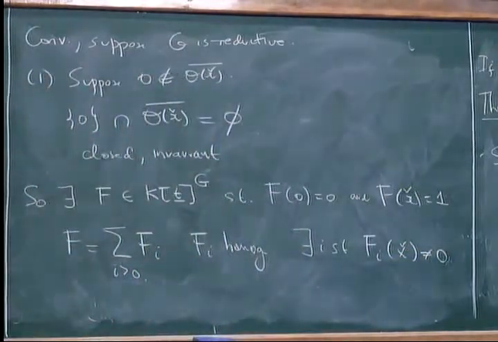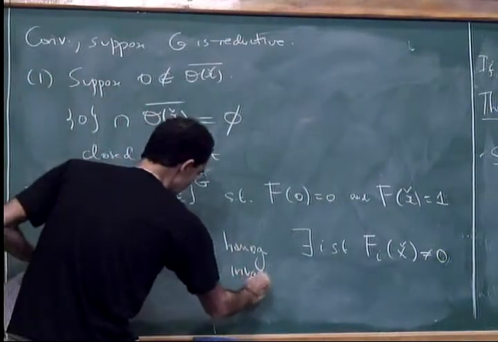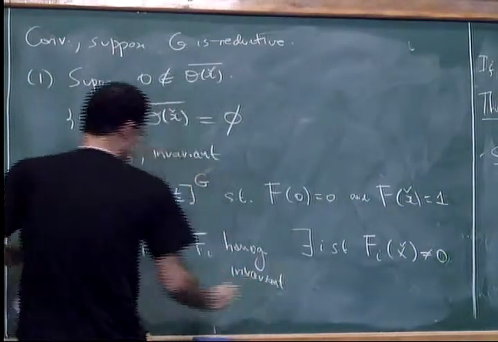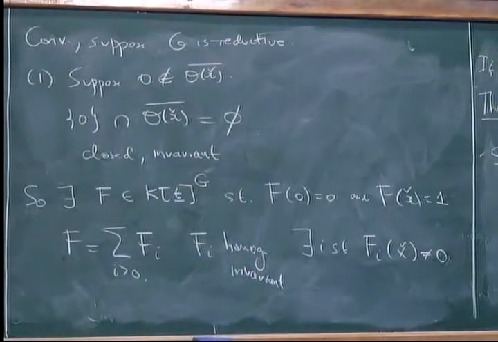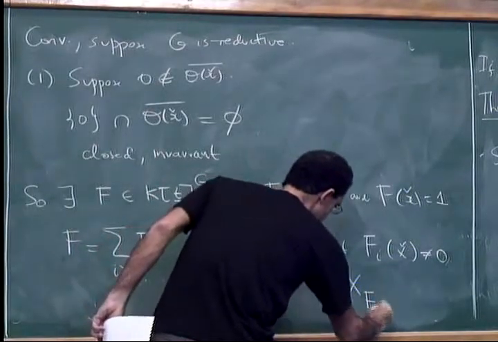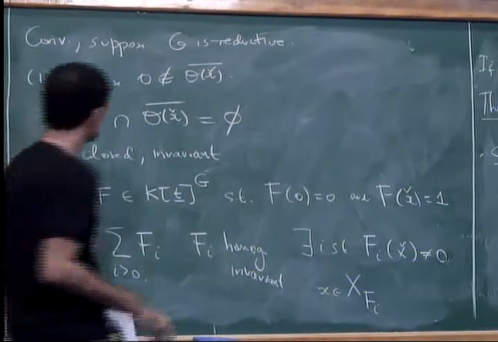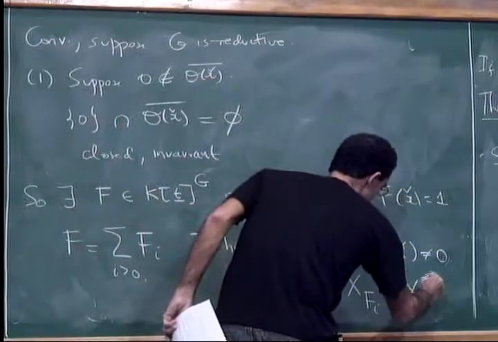Since f is invariant, the homogeneous parts are invariant as well, because the action preserves the degree, right? And so there you have it. You have that x belongs to X_{f_i}, where f_i is a homogeneous invariant polynomial of positive degree. So that's semi-stable.